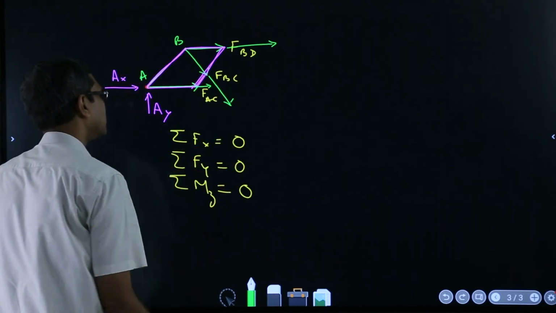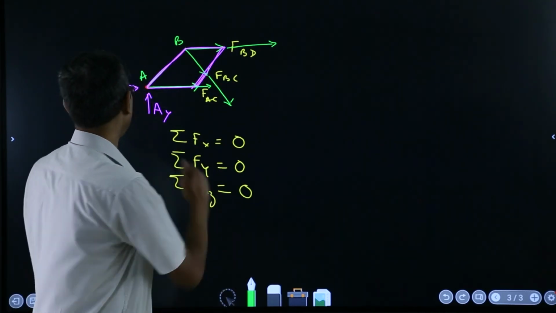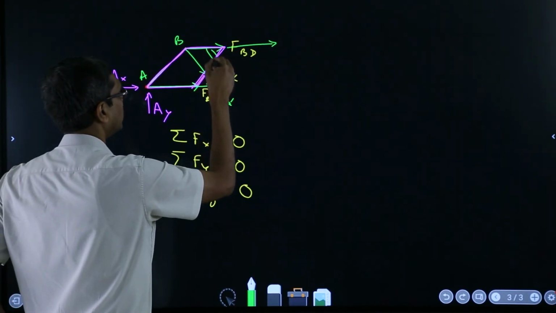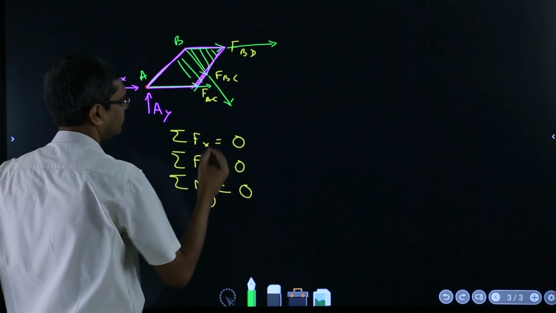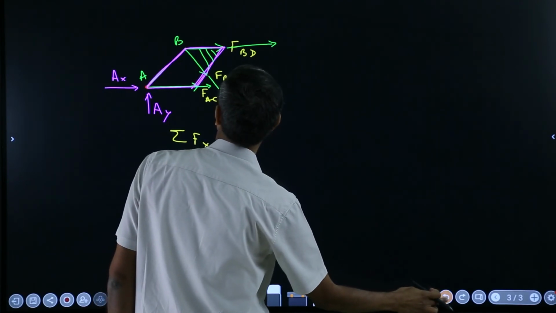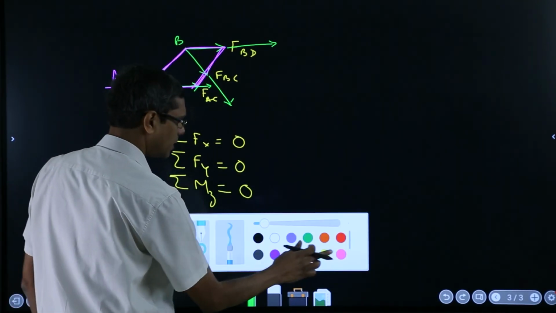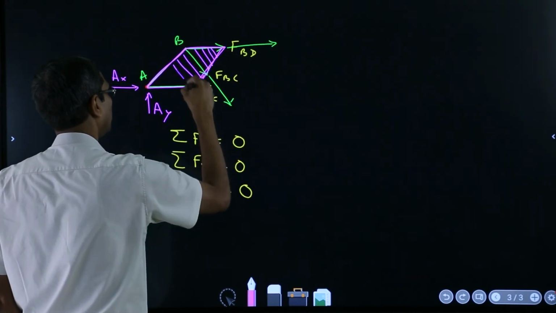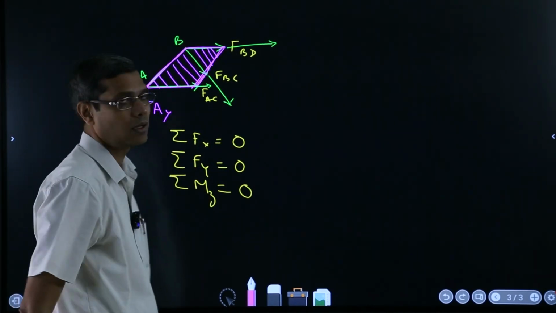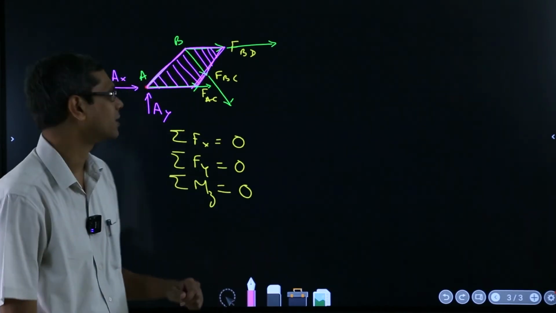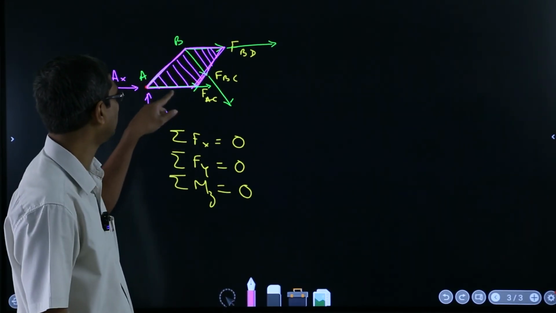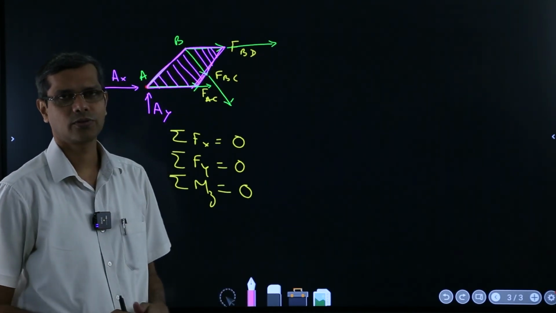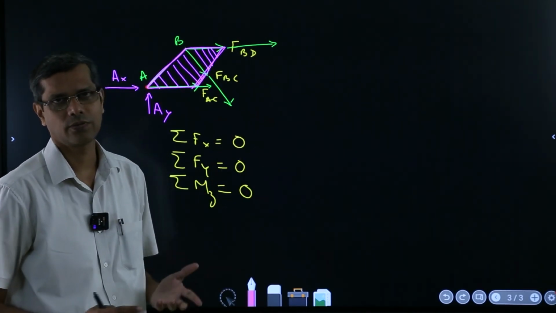Under the action of these 3 forces plus these 2 anyways, this full body is in equilibrium. I should have drawn that in purple maybe. I feel comfortable thinking like that. So this is the section which is in equilibrium under the action of these 5 forces, and you can solve for the 3 unknown forces involved in that.